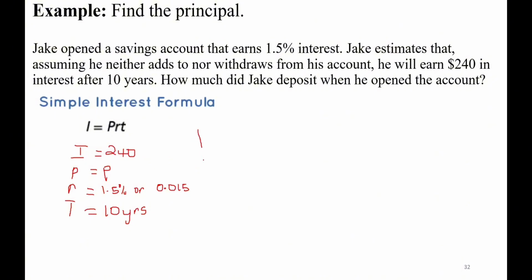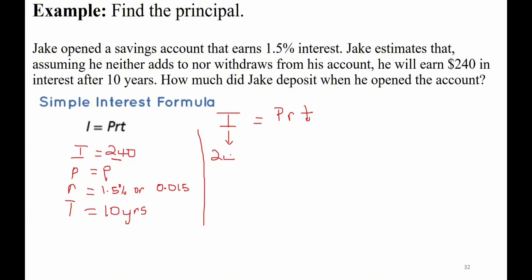Now that we have this information, we are going to substitute them in the formula by removing these letters and replacing them with these values. I am going to rewrite our formula here. I equals, because I just want you to see clearly what I am doing. I, as we said before, is the interest. Anywhere I see I, I replace it with 240 because I know what my interest is.